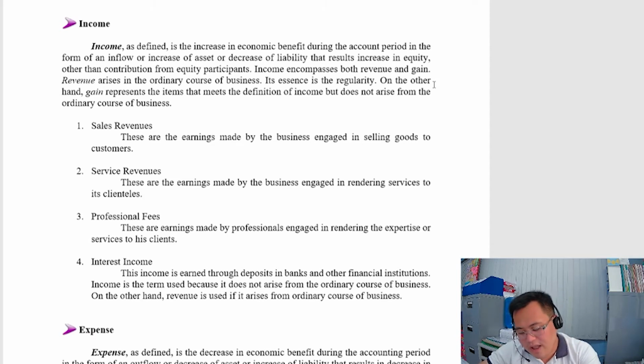Revenue, when we are in the operations of a business, like we sell goods in our business, then the amount of money accumulated from the sale of our goods is called revenue. On the other hand, gain represents the items that meet the definition of income but do not arise from the ordinary course of business.